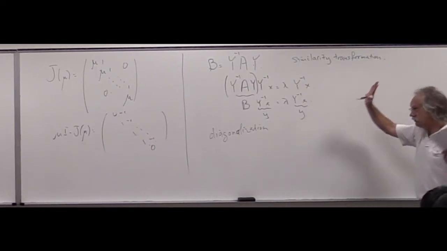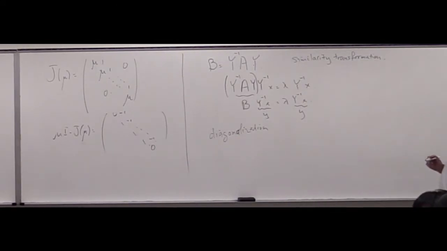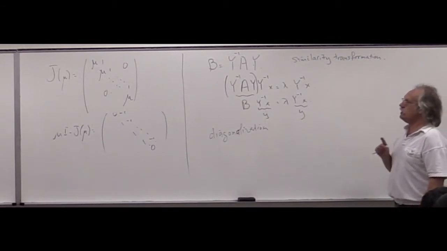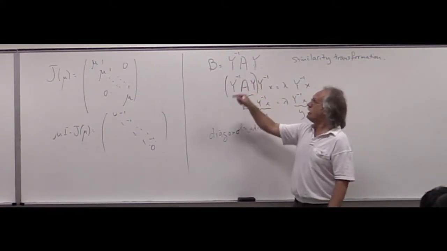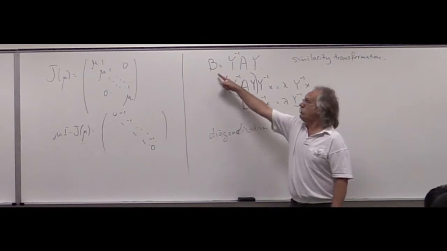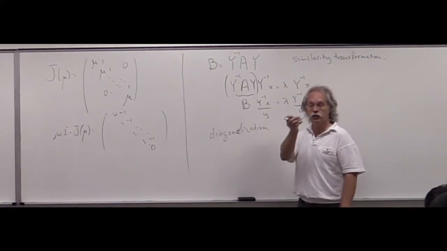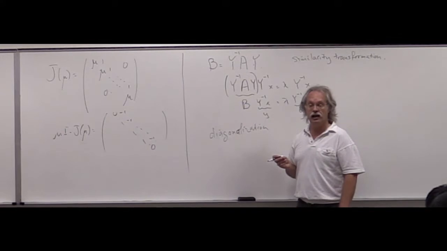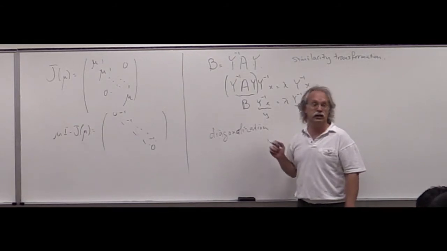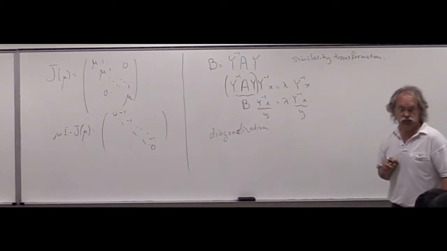Okay, diagonalization. So, the good news is similarity transformations preserve eigenvalues. If you can therefore make the matrix diagonal, you can read off the diagonal entries. And by the way, the eigenvectors associated with the diagonal matrix are just unit basis vectors. So those are really easy to find as well. That's the good news.